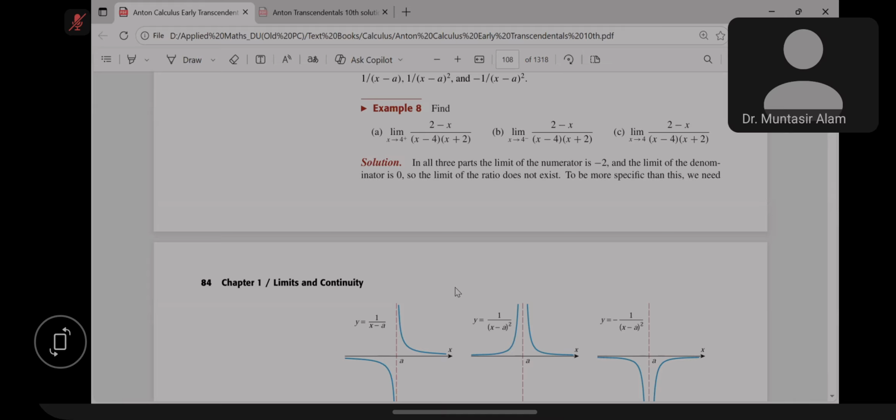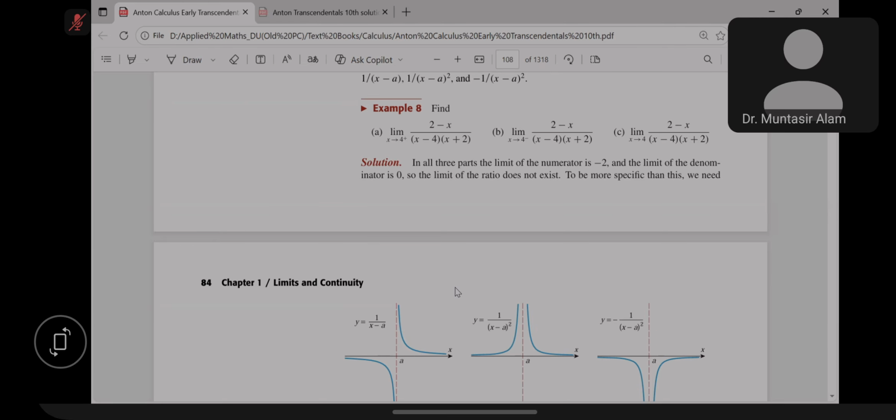Okay, but still we need to check whether it is becoming infinity in the negative direction or in the positive direction, because infinity has two directions. Either it can go downwards or it can move in the upward direction, right? So at a glance we can confirm that the limiting value is either plus infinity or minus infinity, but we cannot say with confidence whether it's plus infinity or minus infinity.